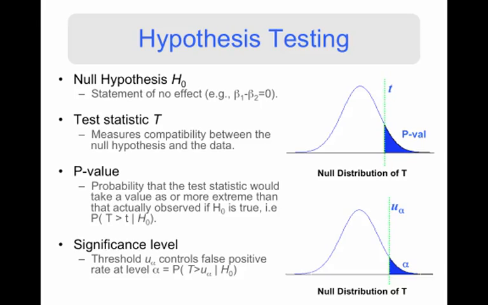So there is a threshold, which I'm going to call u of alpha here, which corresponds to what value that t-statistic has to take in order to exceed and be in this region alpha of the say 5% most extreme values. So in imaging, we often perform this type of analysis. We decide a certain threshold, and we deem voxels with a test statistic above that threshold to be active, and voxels with test statistics below that threshold to be non-active.